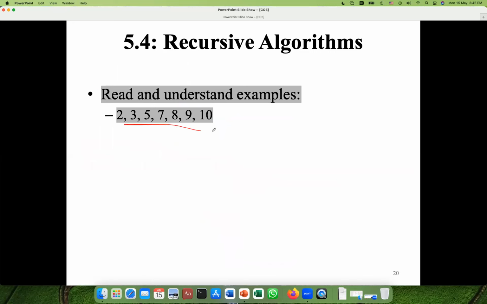And these are the examples that you have to read and understand from the book. These are not exercises. These are the examples. And in midterm 2, I will focus on examples. In CO4, I have not mentioned the examples, but there the exercises are mentioned.